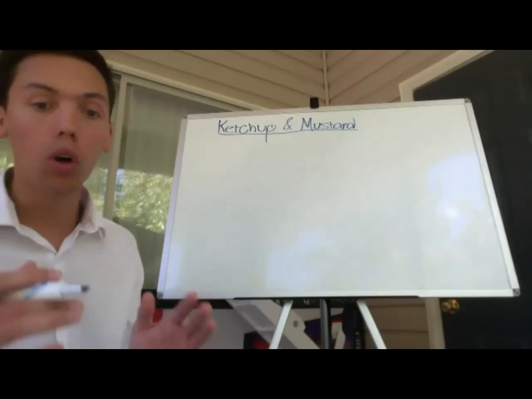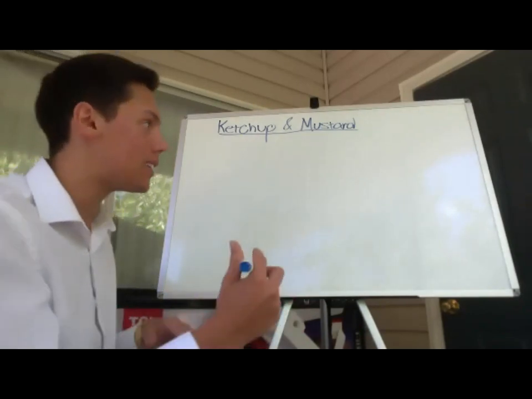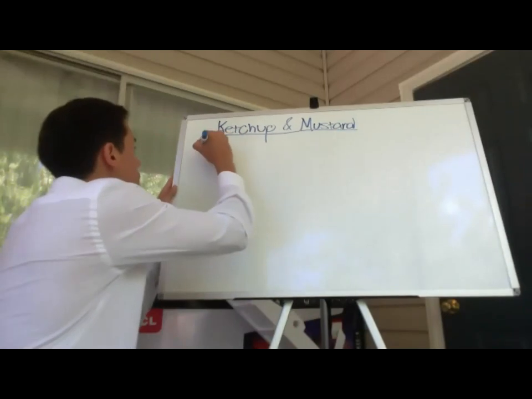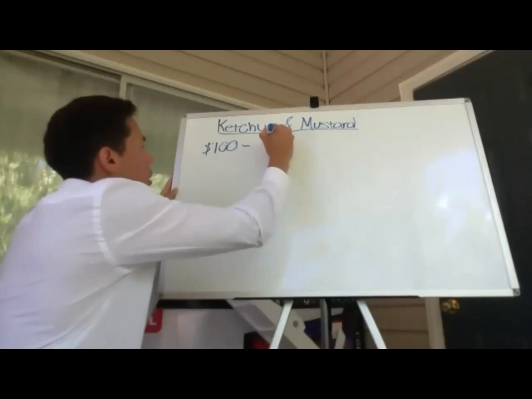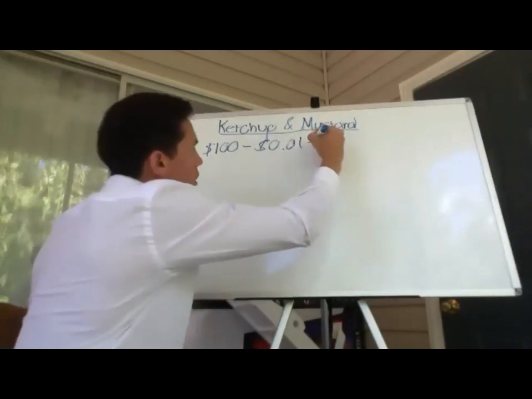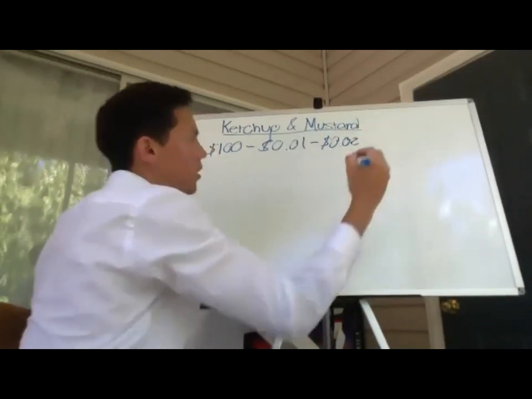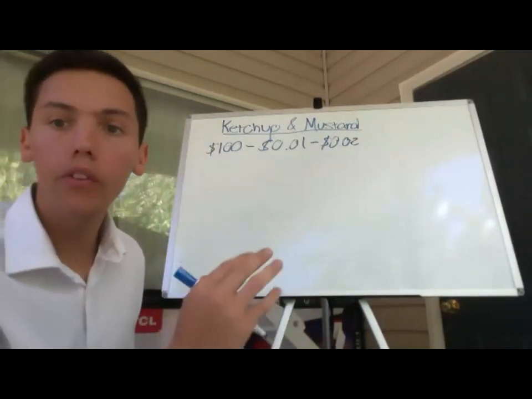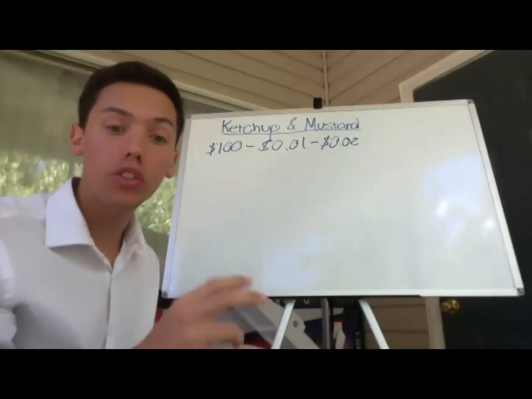I don't care if you have these notes already, you should take them again, right? So a rule of thumb, for every $100, we're only risking a 0.01 to a 0.02. So for every $100 in your account, you're risking 1% to 2%.